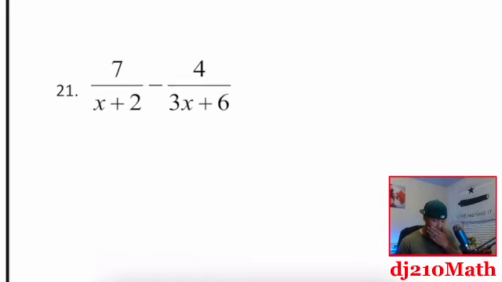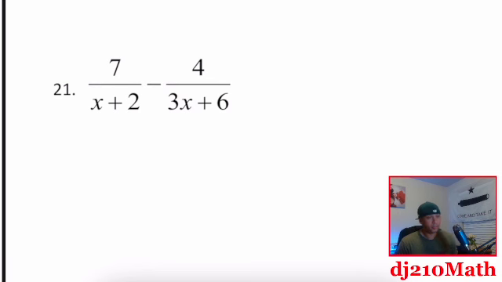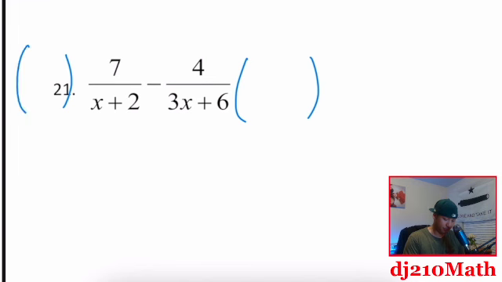21. All right, this one could be a bit tricky. If you do what I said, multiply both sides by the other denominator, that would work. It's respectable, following directions.